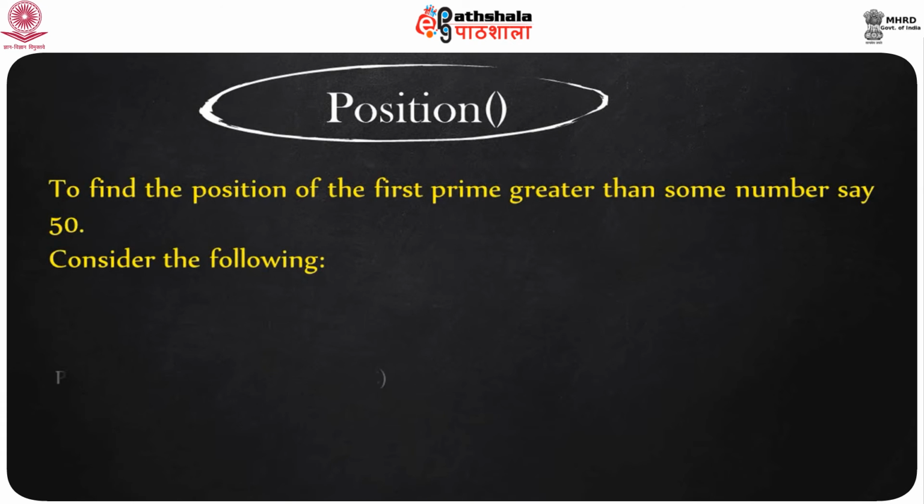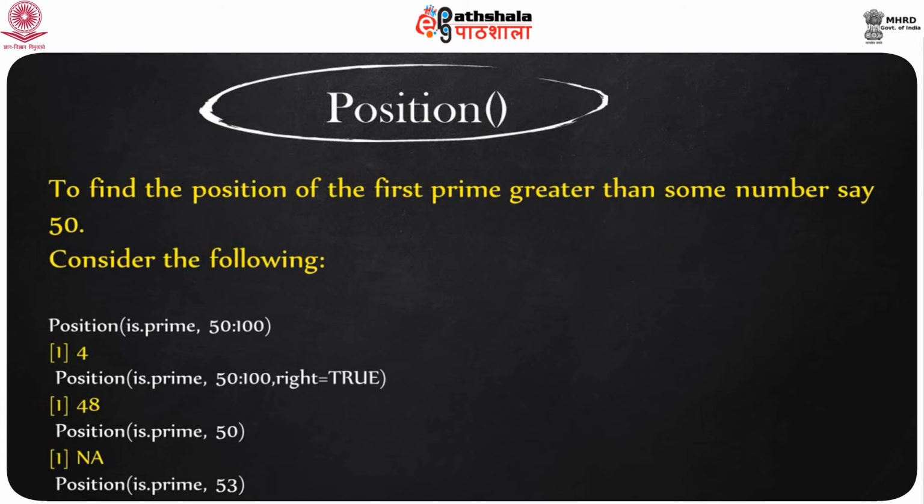This is simply because 53 is the desired prime here and it is in the fourth position starting from 50. Similarly, for the second command, starting from the right, the prime number between 50 and 100 is 97, as we had seen previously, and this is in the 48th position if you count from the beginning.